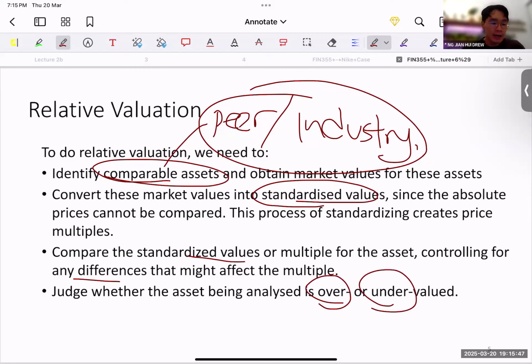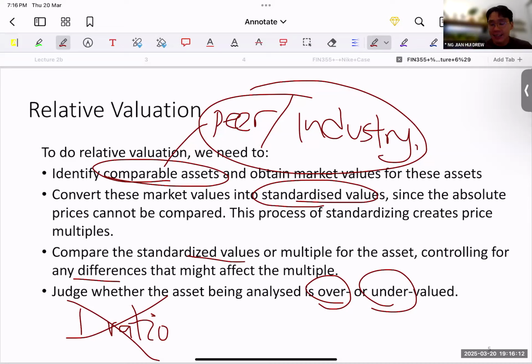And so the thing is, for relative valuation to make sense, just note this down on your slides, you should not be using one ratio. Not just one ratio. Generally, use a series of different ratios and then finally draw a conclusion.